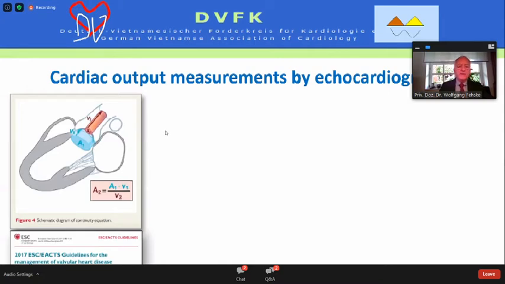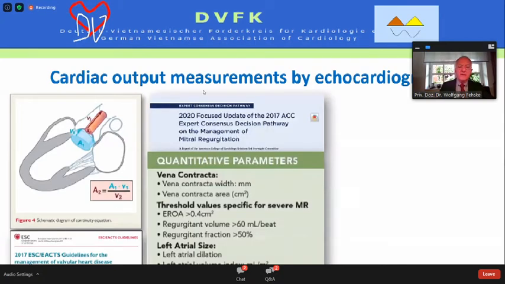This is one point. The other point is that these are the newest guidelines of the ACC-AHA on mitral regurgitation, and you all know the discussion when we are talking about the MITRA-FR or COAPT study about MitraClip or interventional treatment of mitral regurgitation, and we have to objectivate what we see in the severity of a disease.